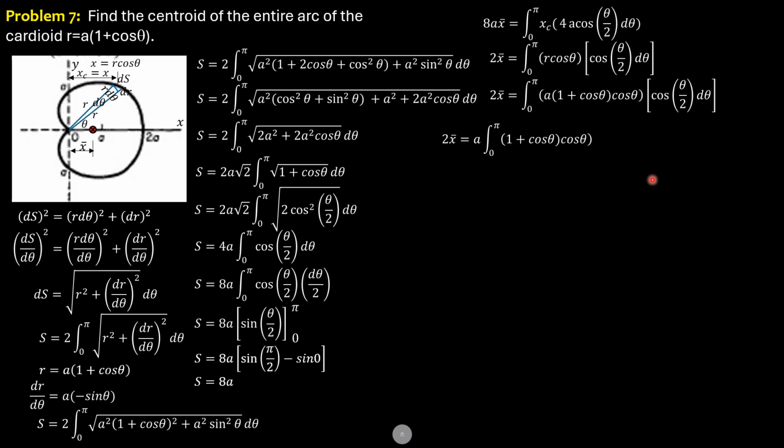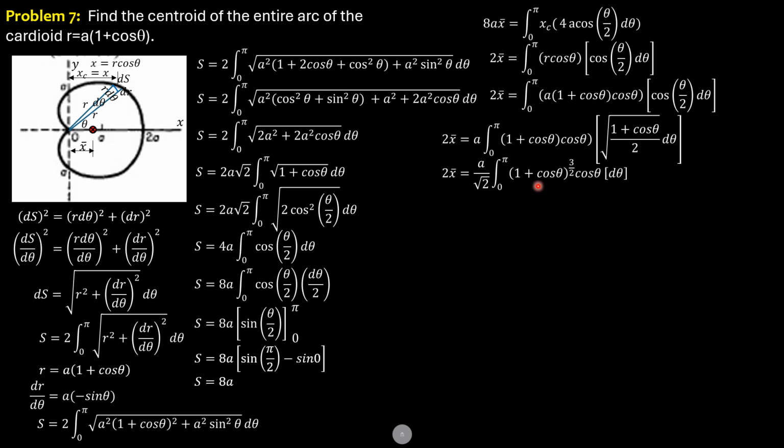So 2 barred x equals a, then copy 1 plus cosine theta times cosine theta. We replace cosine theta over 2 by its identity, square root of 1 plus cosine theta over 2. So we combine square root of 1 plus cosine theta with 1 plus cosine theta, so that becomes 1 plus cosine theta to the 3 halves. Then we have square root of 2 here. So 2 barred x equals a square root of 2 integral 0 to pi of 1 plus cosine theta to the 3 halves, then times cosine theta d theta.